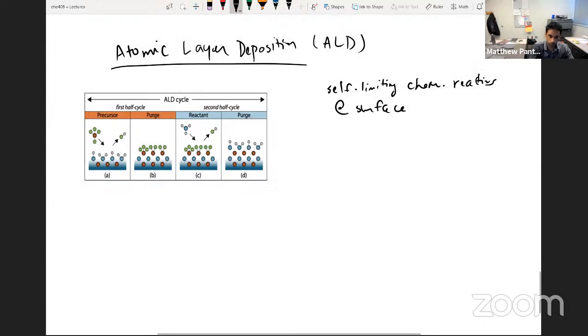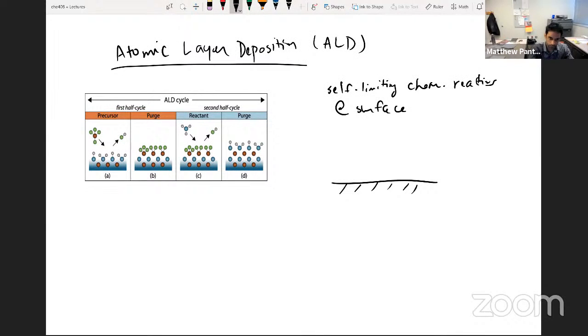So I'll give you an example. You can come in with some surface that's hydroxyl terminated. And you can flow in trimethyl aluminum, that would be Al(CH3)3.